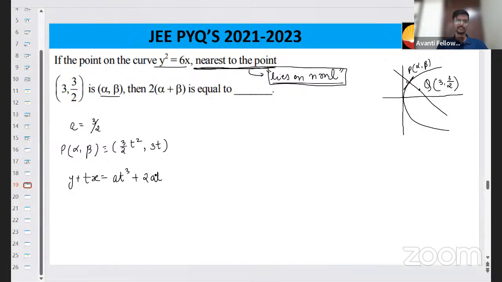Let's substitute the value. So y plus tx, a is 3 by 2, so 3 by 2 t cube plus 2a, so 3t.